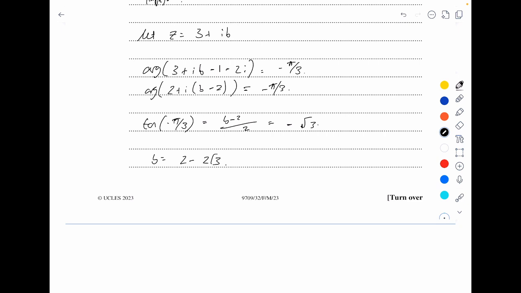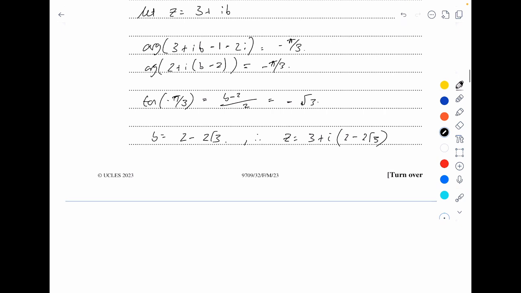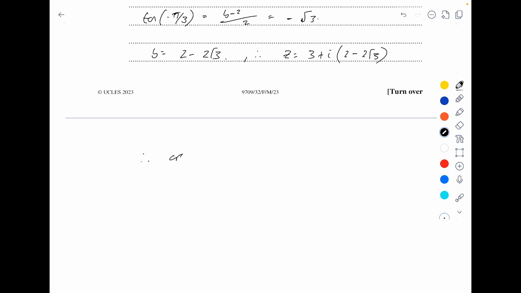Okay, so we know what b is, therefore z is going to equal 3 plus i(2 minus 2 root 3). Okay, therefore the arg z is equal to arctan of (2 minus 2 root 3) over 3, which, if we work that out on the calculator, gives us negative 0.54 radians. Okay, done.